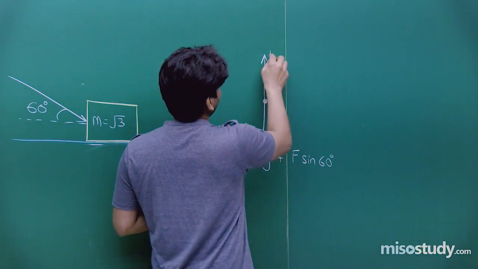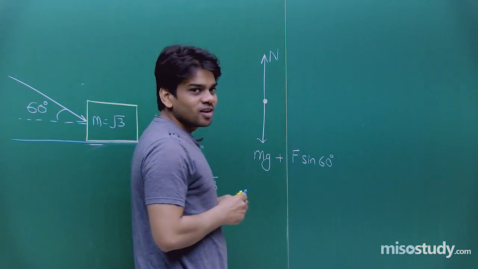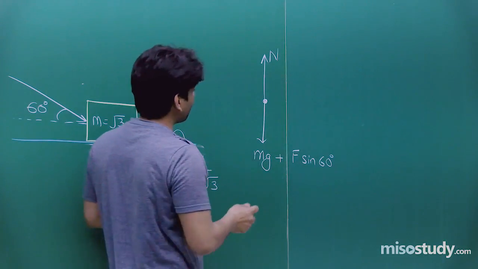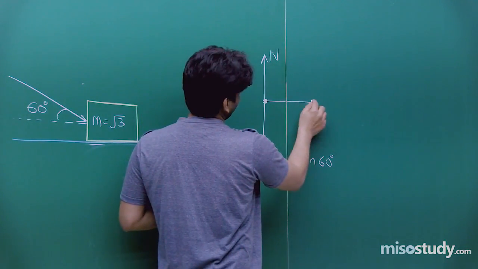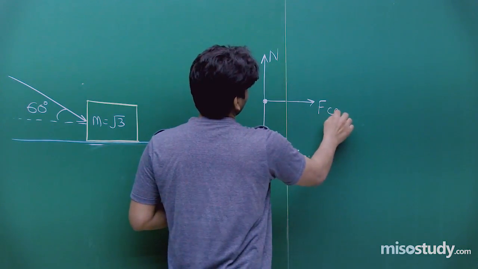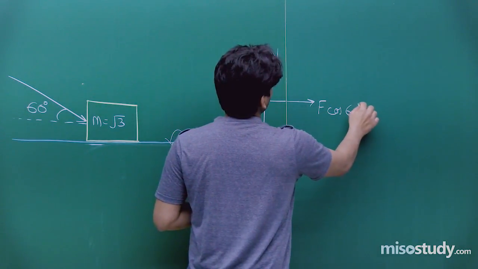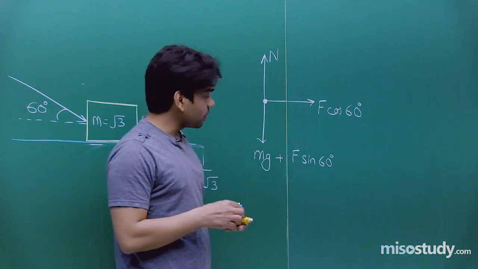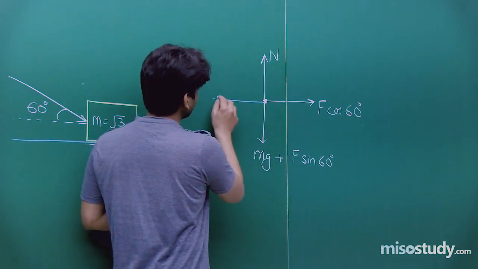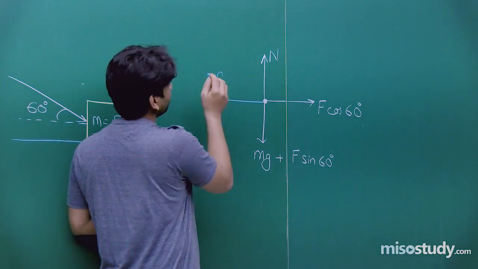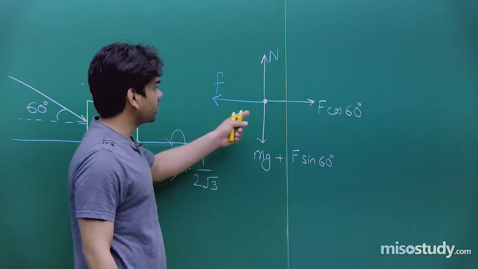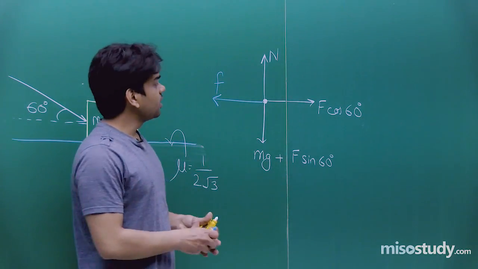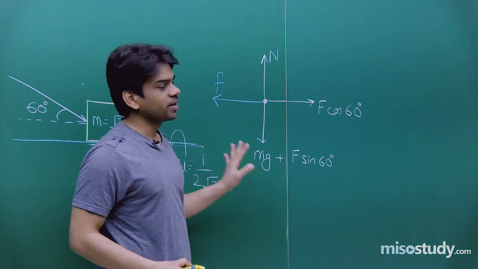Normal reaction acts upward. In the horizontal direction, F cos 60 would try to move the block forward. The friction force acts just opposite, and I am marking it with small f. These are all the forces we have depicted here.